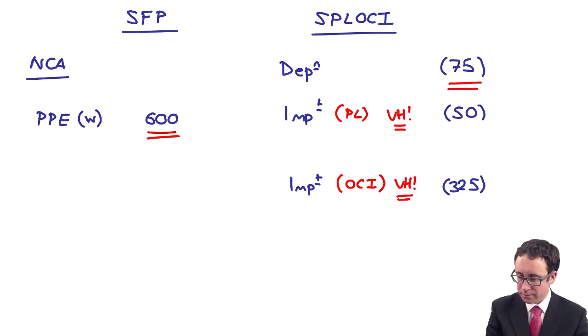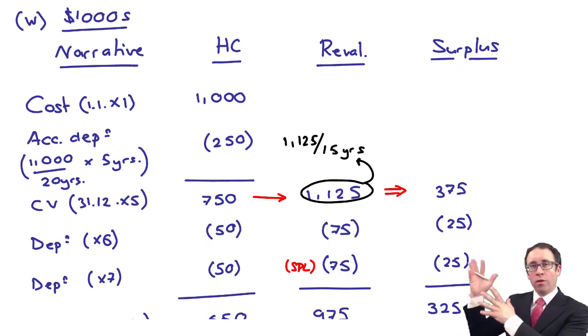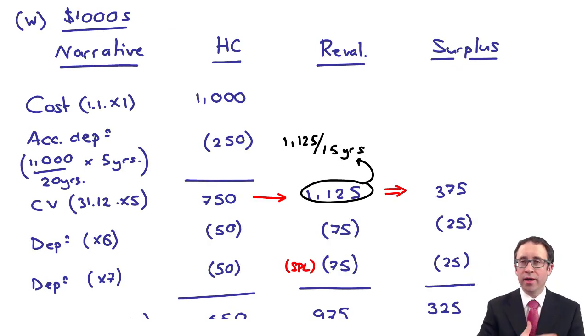But stick to that wonderful diagram. You have a revaluation working with 4 columns: narrative, historic cost, revaluation model, and then the revaluation surplus. If you can stick with that, you won't go too far wrong in any questions.